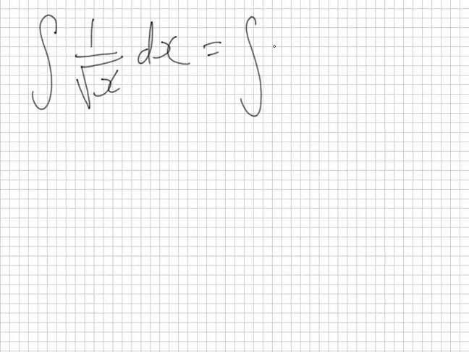Right. So here's 1 over square root x. So the first thing you need to do is change it into a power. So 1 over the square root of x is x to the power minus a half. And the rule says you increase the power by 1 and then divide by the new power plus c.